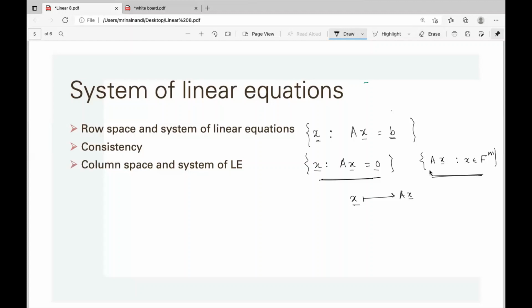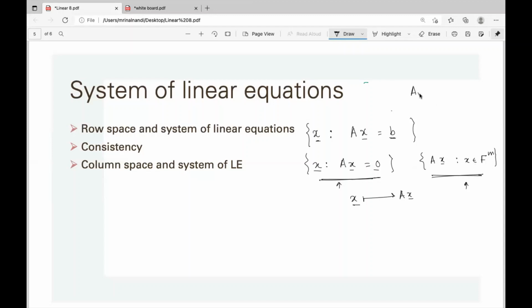So the dimension of the range space is the rank of the transformation, and the kernel is the nullity, and we know that the sum of these two dimensions is m, since x is m-dimensional.